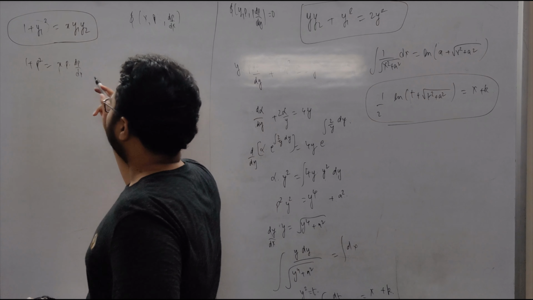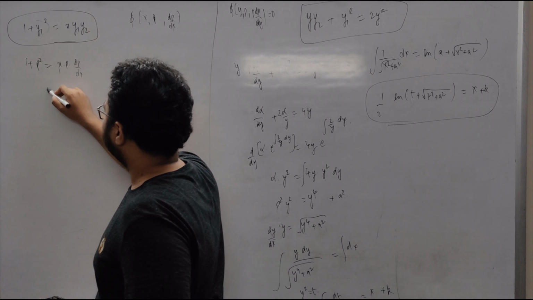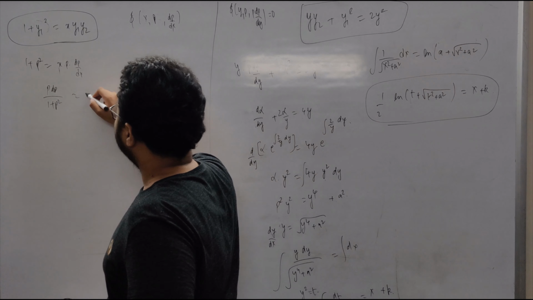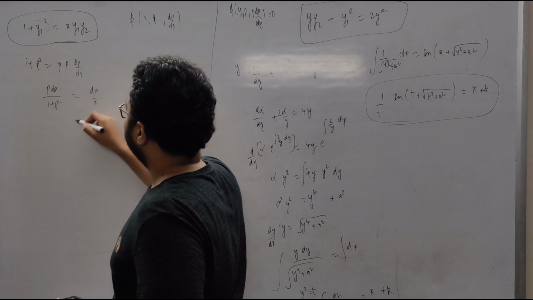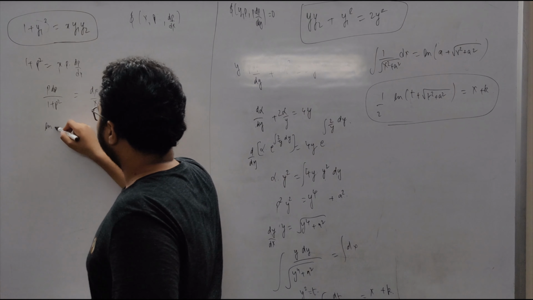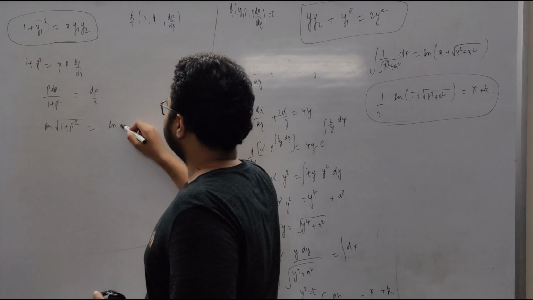So we send dx and x to the LHS and bring the p terms to the RHS. p dp upon 1 plus p square equals dx upon x. So we have ln under root 1 plus p square equals ln x plus c.